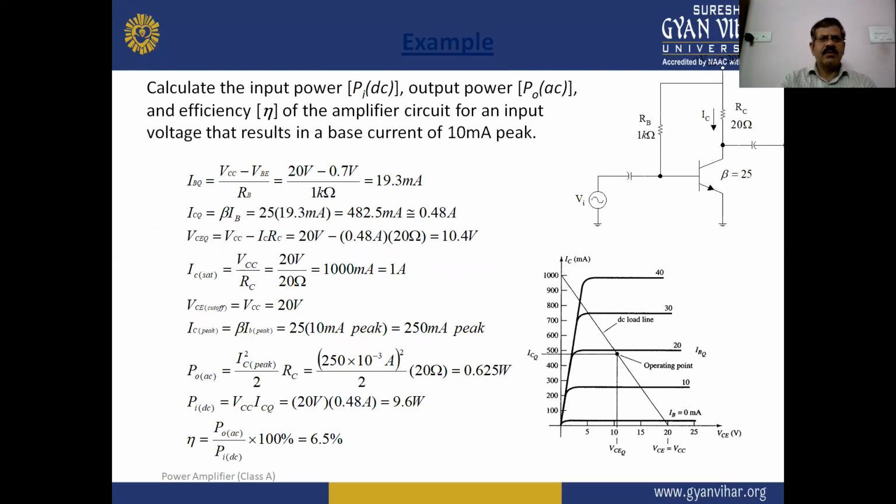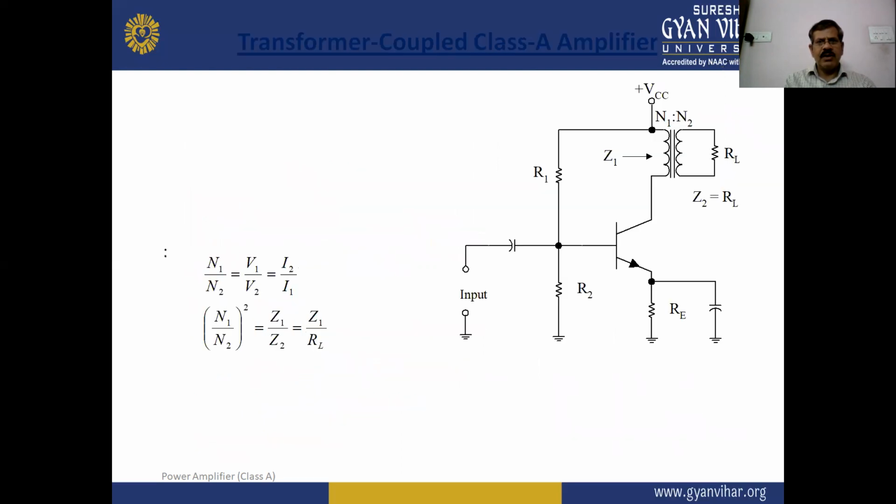So for example, we calculate the input power PIDC, output power P naught AC, and efficiency eta of the amplifier circuit for an input voltage that results in a base current of 10 milliampere peak. So with the help of these given data, we can find out some parameters of this example with the help of different formulas.